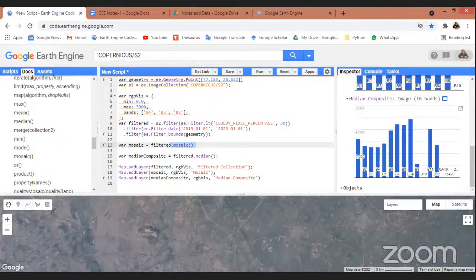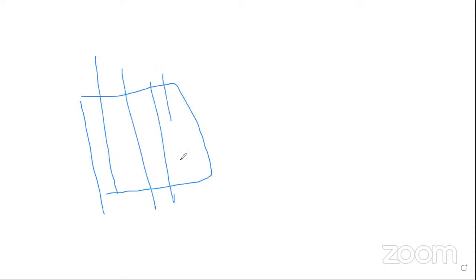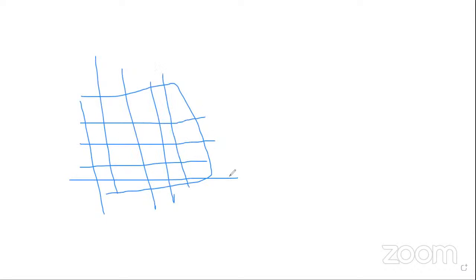As I told you, an image is nothing but a set of pixels, and the image collection is a combination of several images.